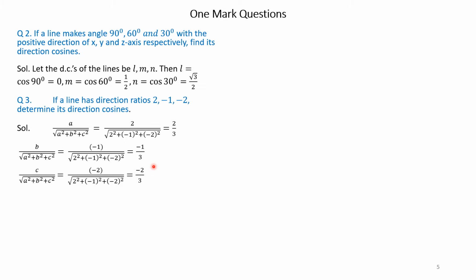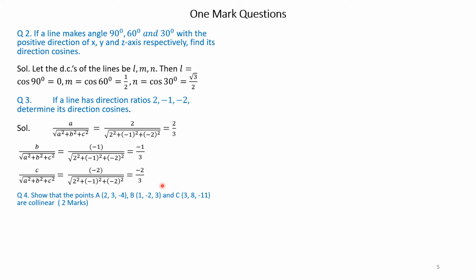Similarly, the last one, the direction cosine of z, is c divided by square root of a square plus b square plus c square, that is minus 2 divided by square root of 9, which is minus 2 by 3.